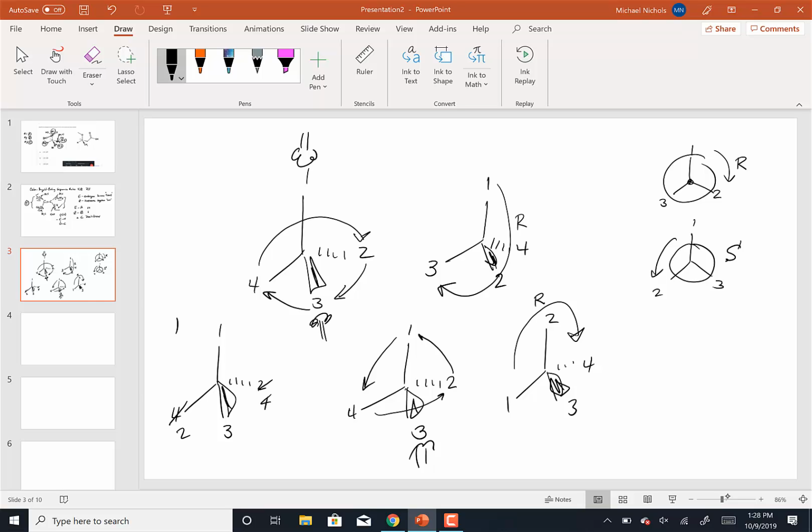That is one switch. If I stop here and determine R and S, I will get the wrong answer, because when you switch any 2 groups an odd number of times, R becomes S and S becomes R. In other words, the configuration switches.